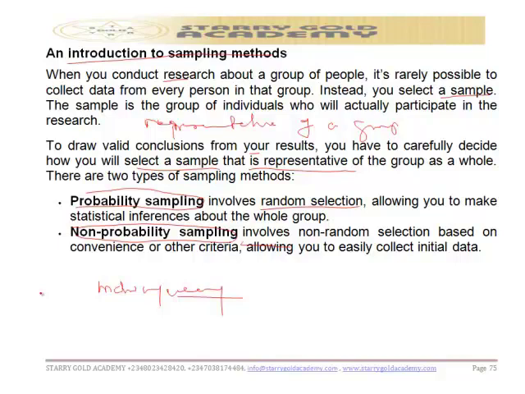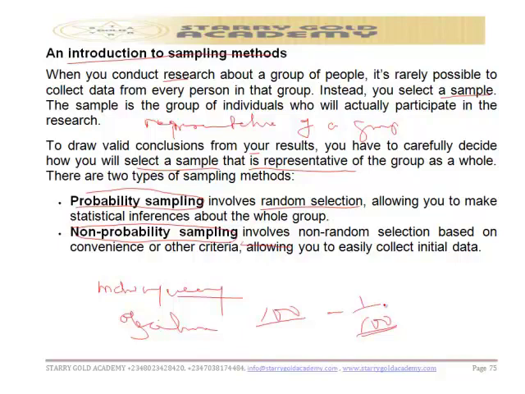There is no preference. It is never subjective. It's an objective way of selection. Let's assume we have 100 in a group. So every member has a 1/100 chance of being selected in the group. That's what we mean by probability sampling.